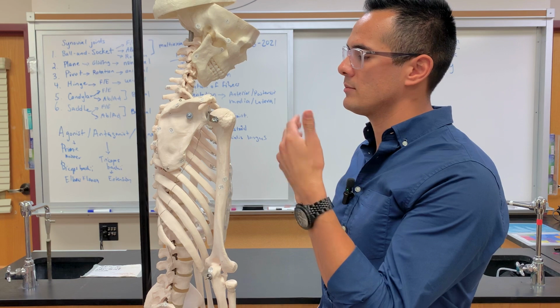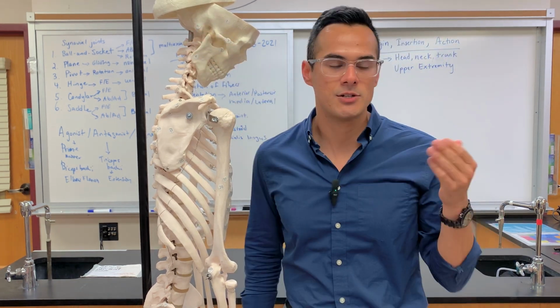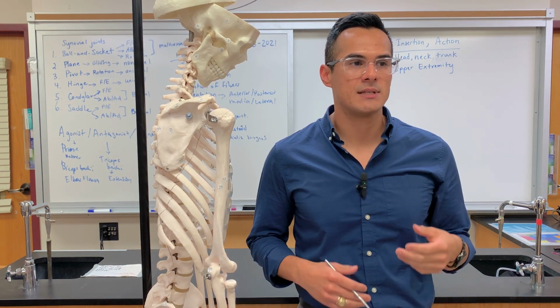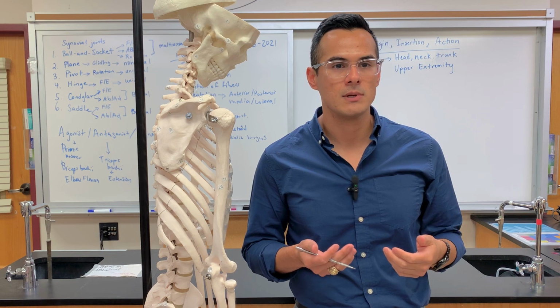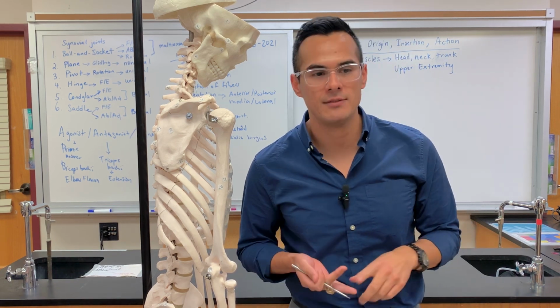Then moving forward, we have a muscle known as the sternocleidomastoid. A lot of times the name of the muscle describes either the action, what it's doing, or the location of it.